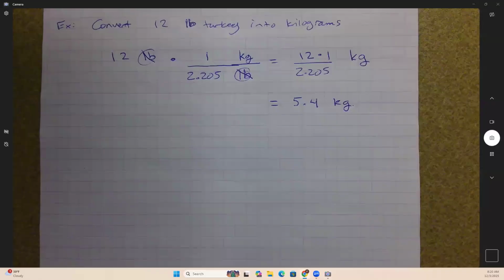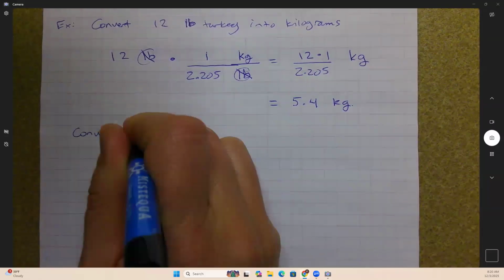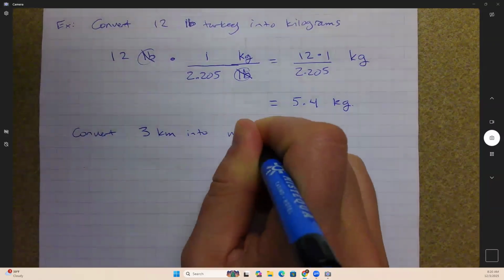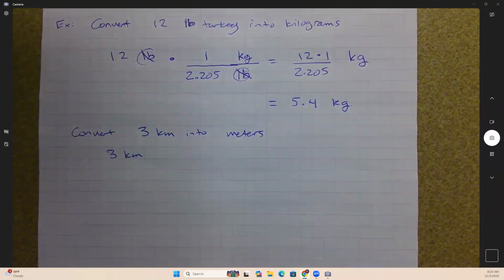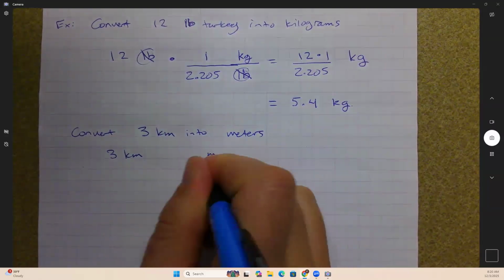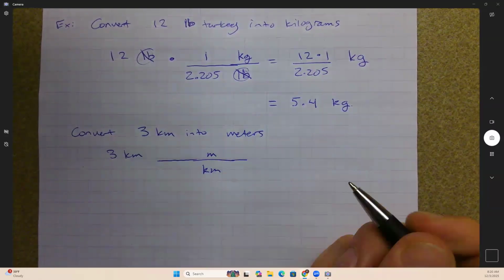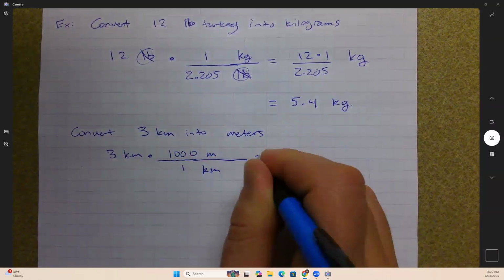So let's just do one metric one because they're almost silly. Let's convert 3 kilometers into meters. So I've got 3 kilometers, and I don't want kilometers, I want meters. So I'm going to do meters over kilometers. And then I look at my conversion chart and I see there's 1,000 meters in 1 kilometer.